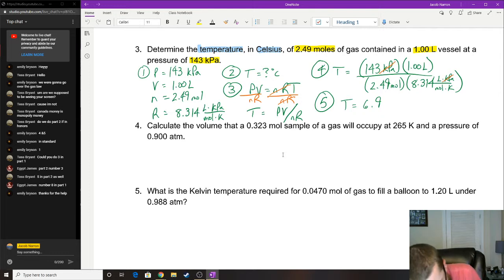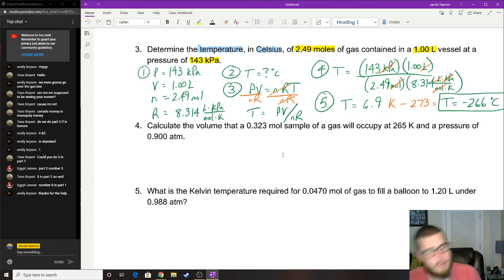Kilopascals canceled on the bottom. Liters, that canceled on the bottom. Moles, that canceled. So what we're left with was Kelvin. Now, Kelvin is not what we want. We want degrees Celsius. So I'm going to subtract 273, and that's going to give me a new answer. So temperature is actually equal to negative 266 degrees Celsius. That is really cold.